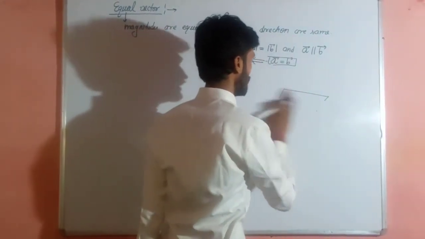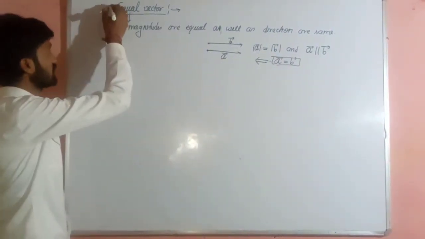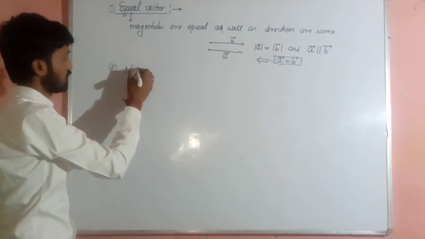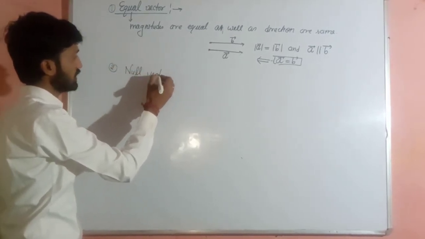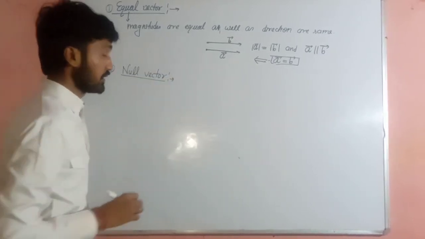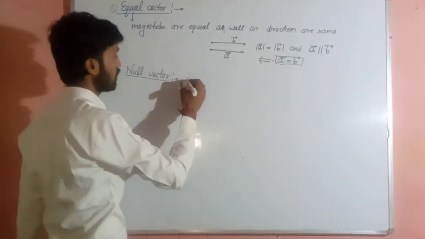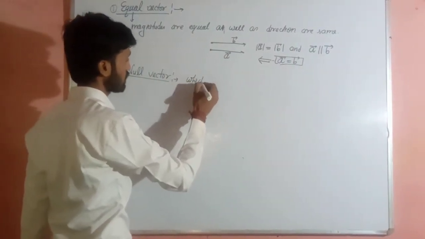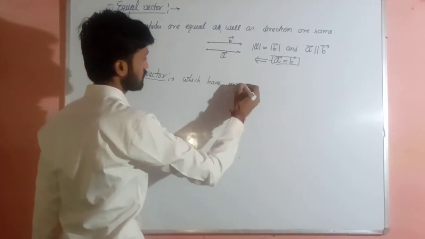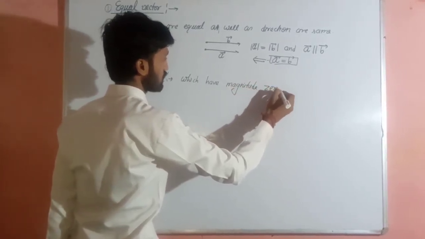So now come to the next definition, null vector. Null vector is nothing but a vector which has magnitude 0.